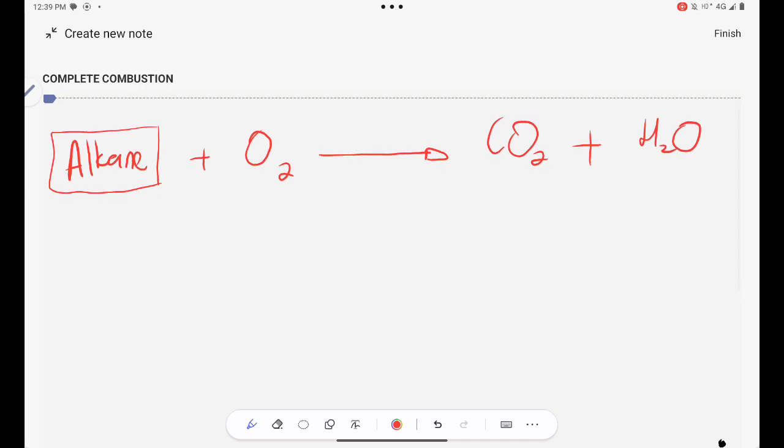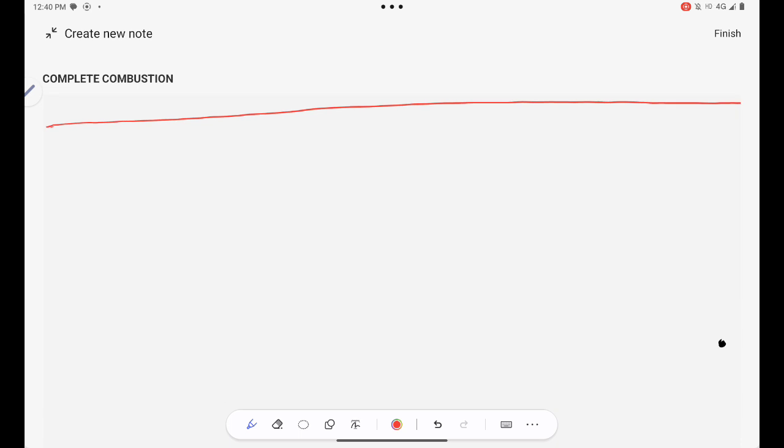Okay, let's say they want us to write a balanced equation of the complete combustion of propane. Propane is a hydrocarbon that has three carbons and eight hydrogens.